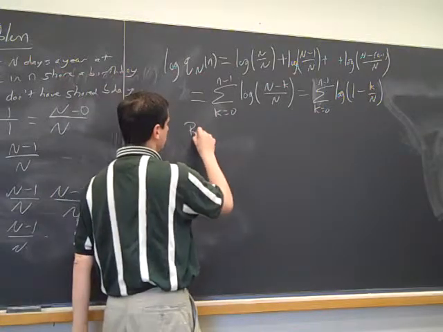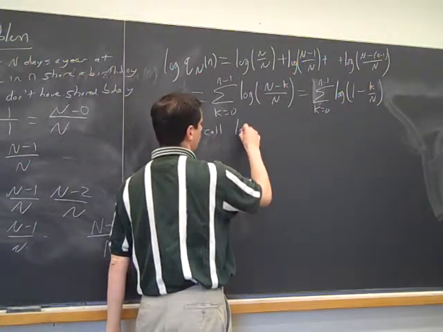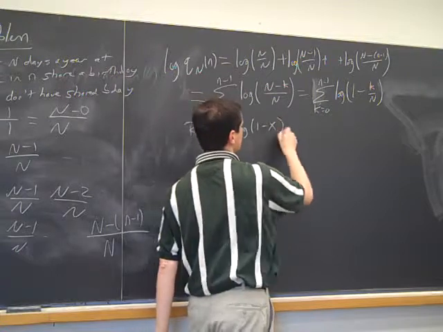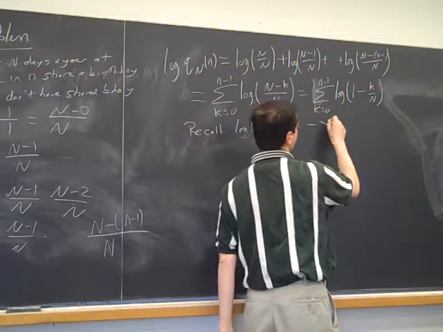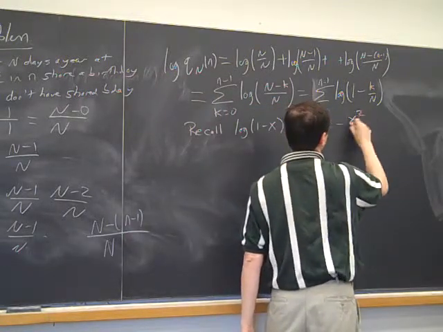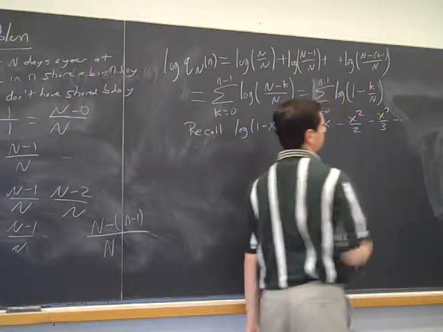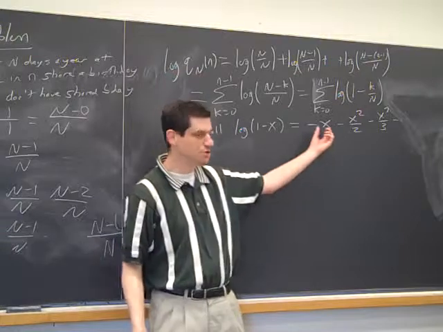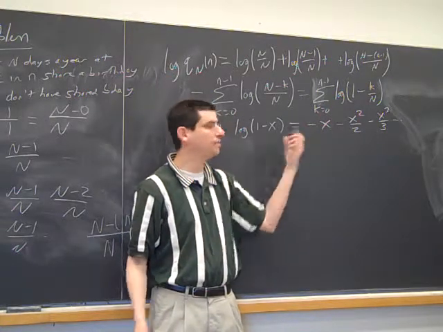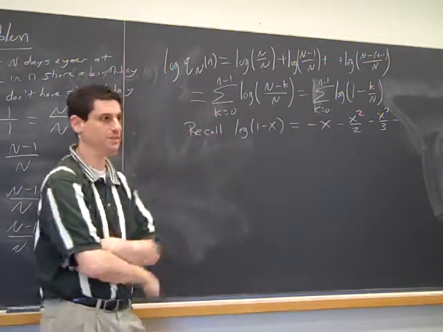So recall the log of 1 minus x is equal to negative x minus x squared over 2 minus x cubed over 3. So if x is small, the log of 1 minus x is approximately minus x.